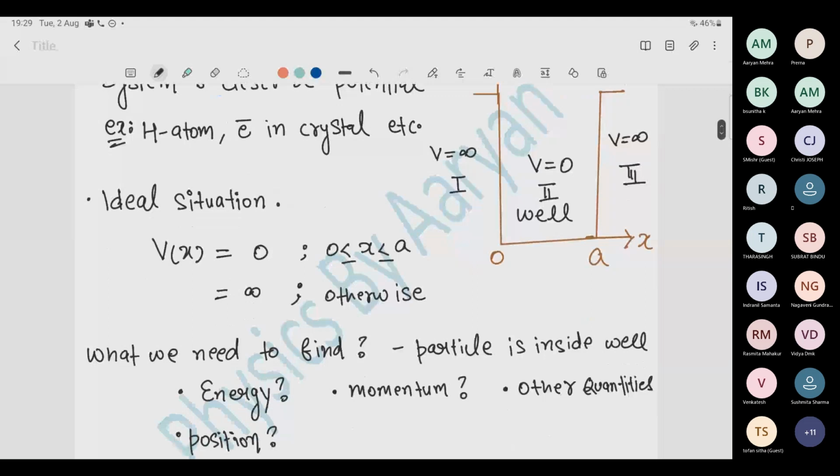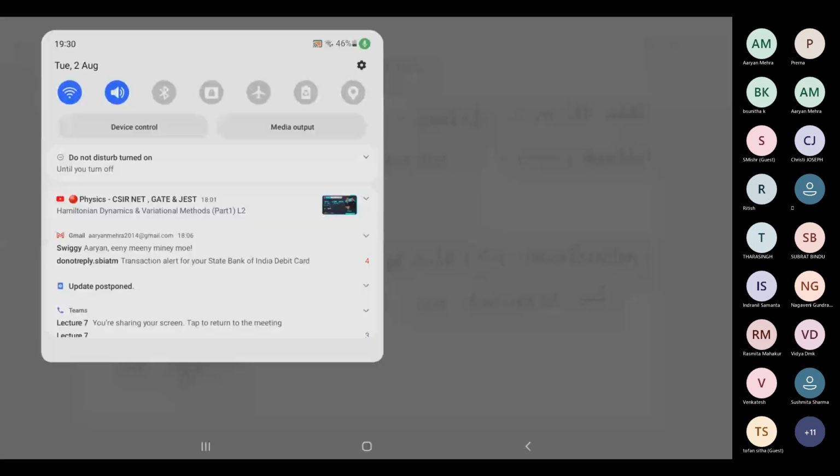Okay, and I think the screen is moving very slowly compared with what I'm saying. Okay, wait for 10 seconds. Okay, so now it's fine.